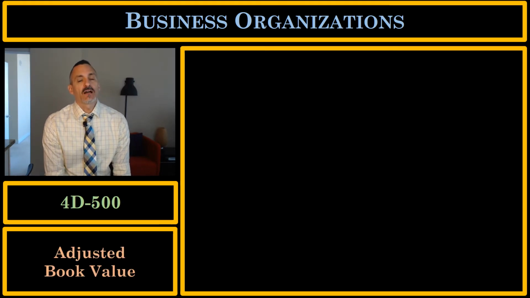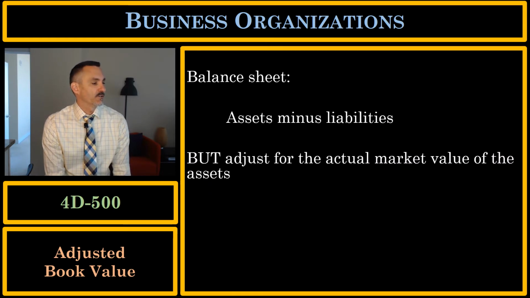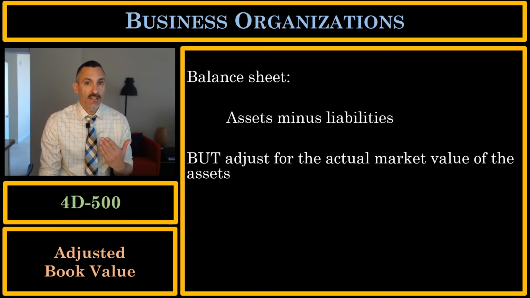All right, let's talk about adjusted book value. Adjusted book value is also very similar to the balance sheet value, which is assets minus liabilities, but in this case, you adjust for the actual market value of the assets. Here's the idea. When a company buys an asset, say for $100,000, it puts it on the balance sheet at $100,000.